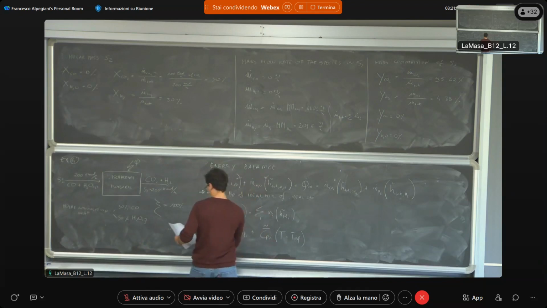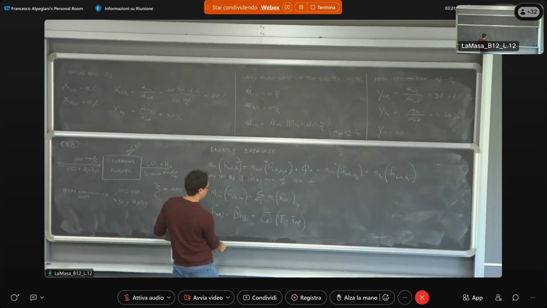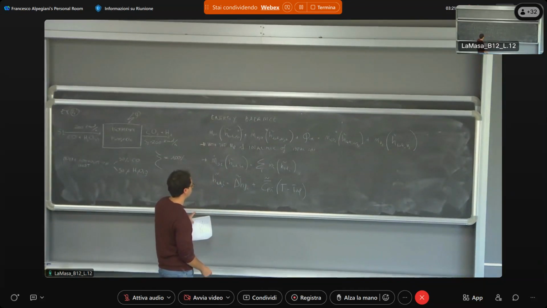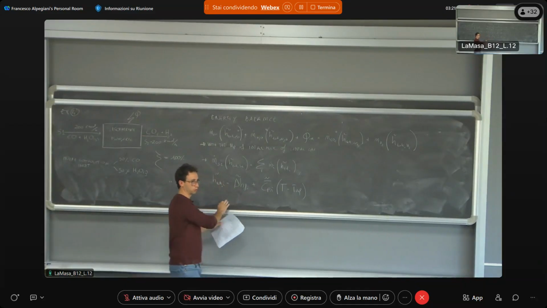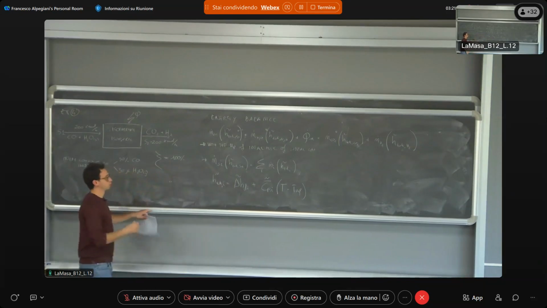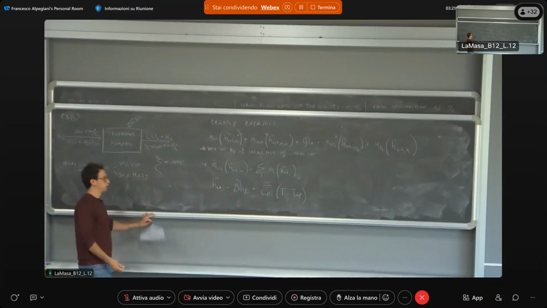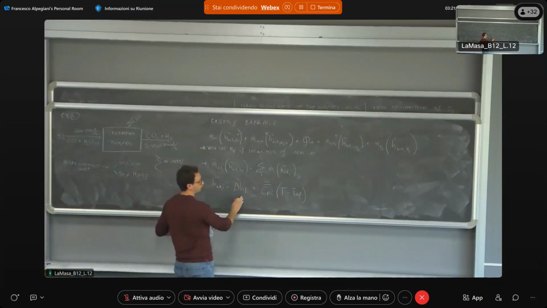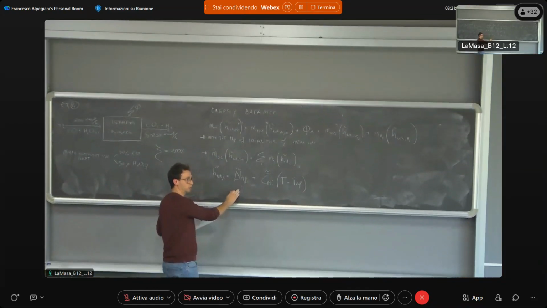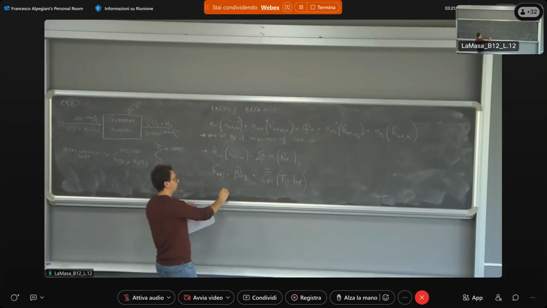Okay, now I think that during the lectures we have seen that this is a chemical approach. Otherwise, you can use also an engineering approach, which, instead of the enthalpy of formation of the various species, uses the lower heating value of the various species.